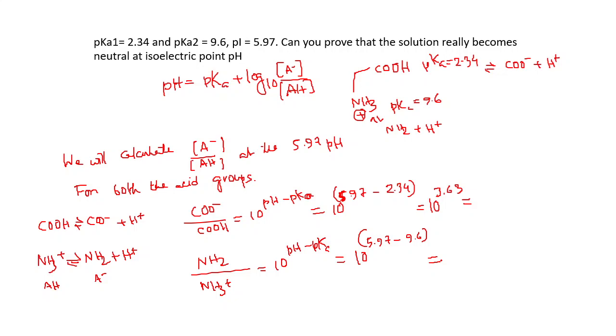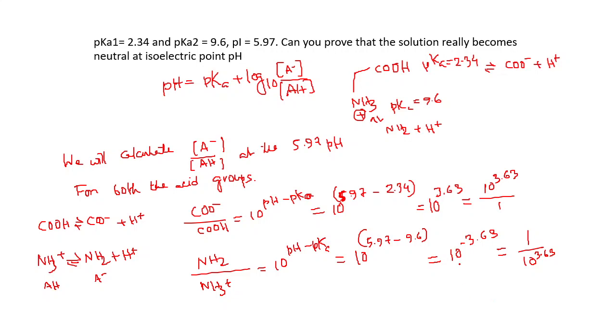That is going to be minus 3.63, so 10 to the power minus 3.63. We can rewrite this as 1 by 10 to the power 3.63, because this is a minus sign, I am able to take it to the denominator.